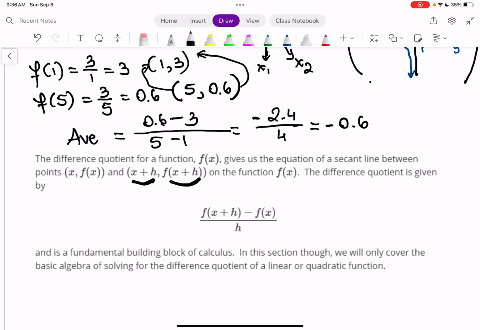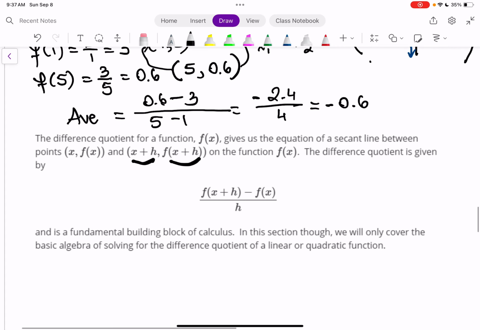So the idea here is that we are changing our function not from a 1 to a 5, not from a 2 to a 6, but really from some kind of x to a little bit more than x. So we are moving an h distance away between the two x's. What happens to our y values?